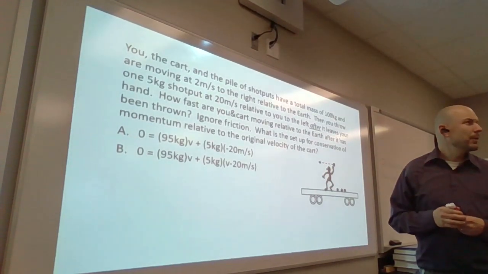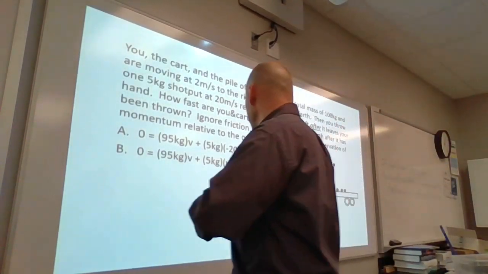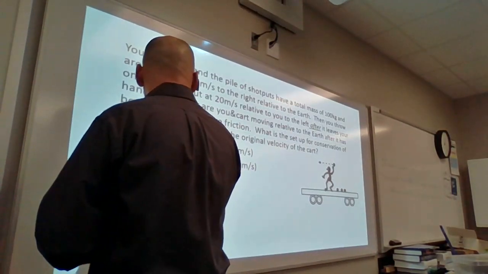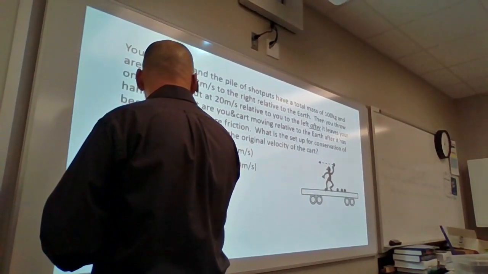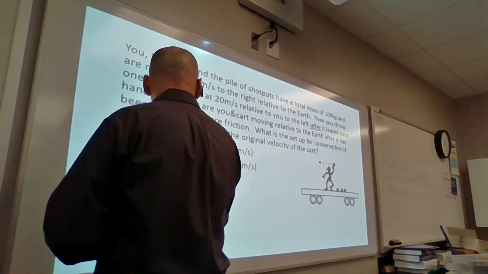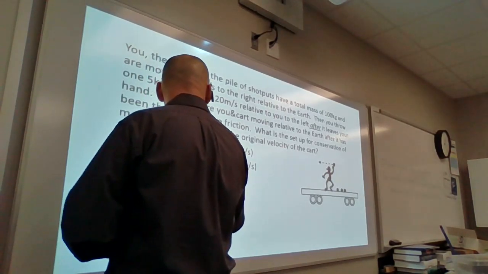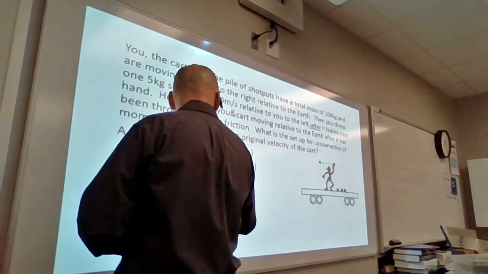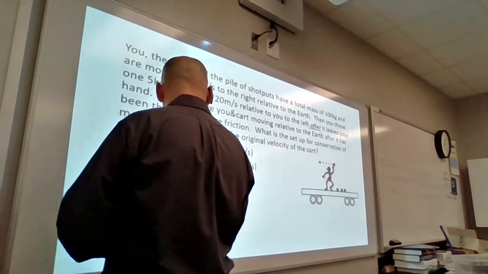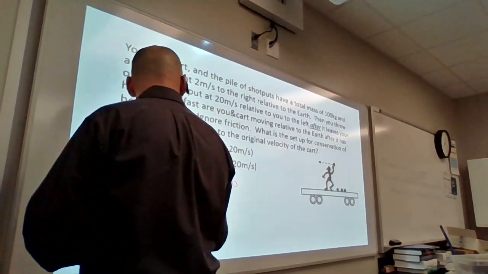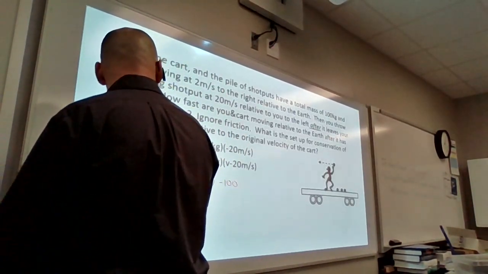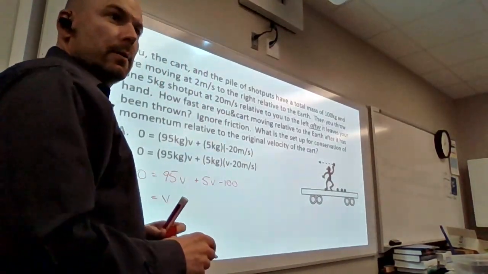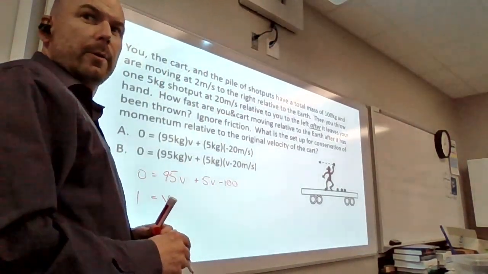So yeah, we'll do this. All right, so just to bring it home here, we got 95v plus 5v minus 100. So v is equal to 1. Is everybody all right with that?